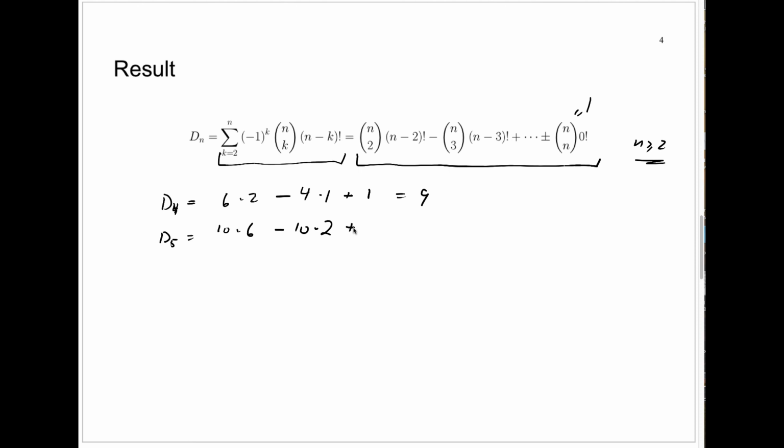Then we'd have plus 5 choose 4, which is 5, times 1 factorial. And then we would have minus 5 choose 5 times 0 factorial, which is minus 1 at the end. This is 60 minus 20, that's 40, plus 5 minus 1 is 44. There are 44 derangements of a 5-letter string. There's 5 distinct letters in the string.